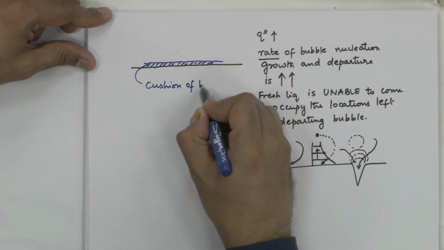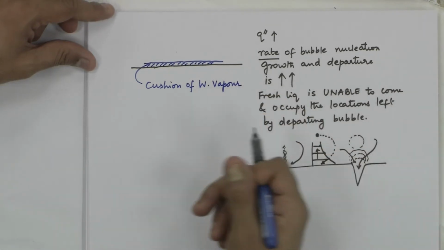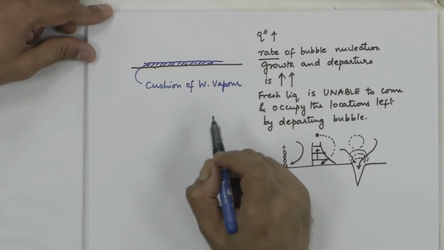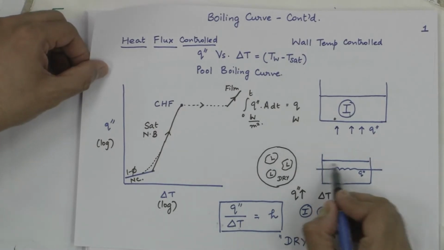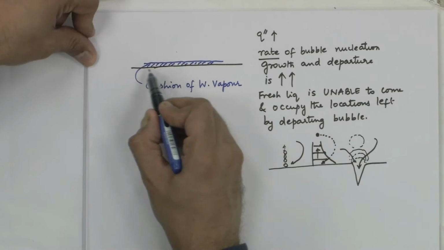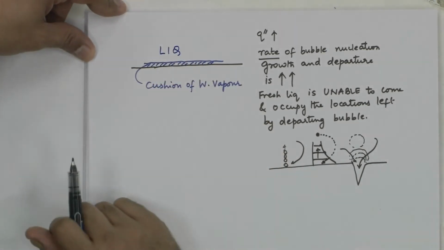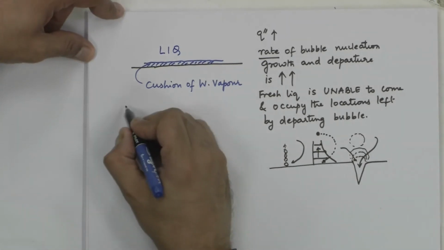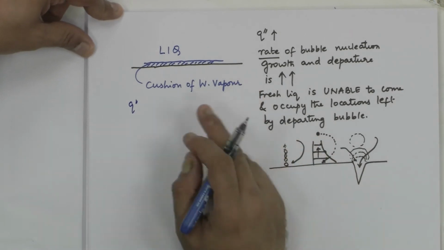We are giving the example with water, therefore water vapor, otherwise it could be any liquid and its corresponding vapor. Remember we had this pool where there is enough liquid still, but the heater is now covered with a cushion of water vapor. Even now for the same heat flux, I did not change the heat flux, rapid boiling has started. What is going to happen?